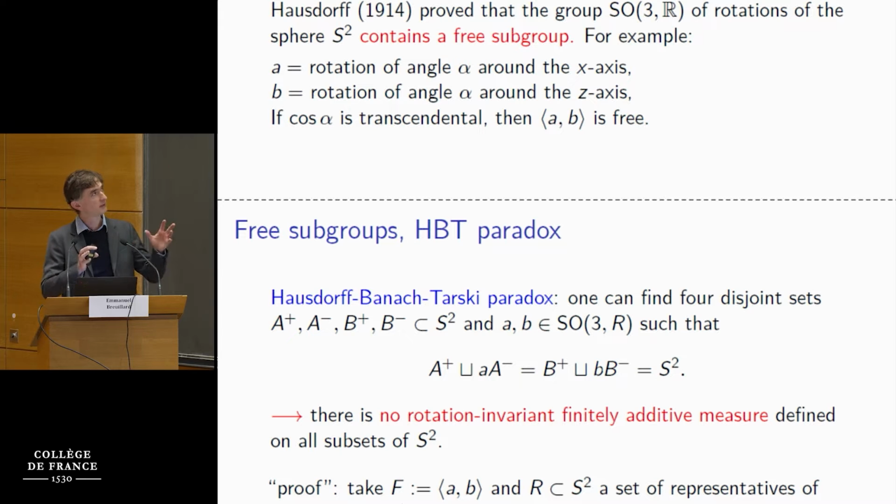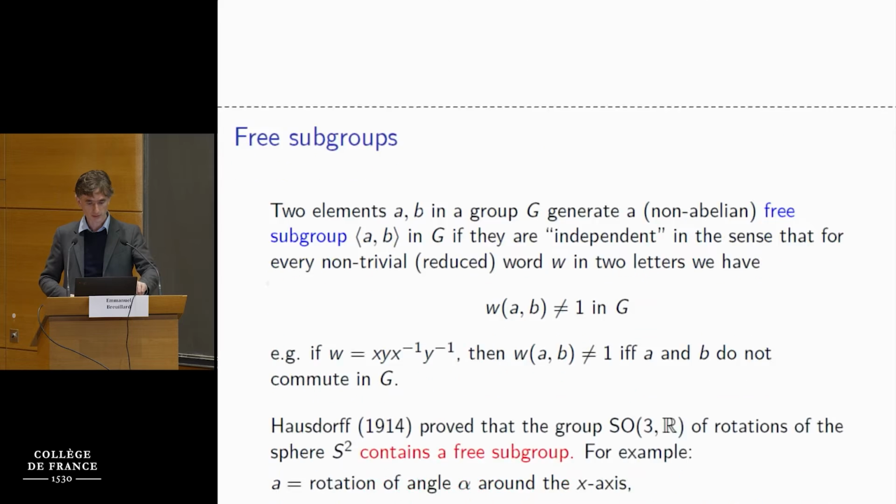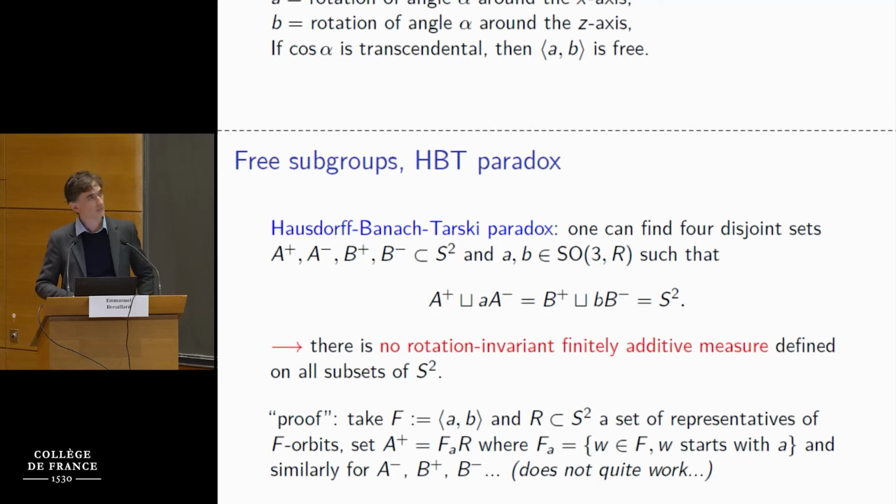They are disjoint parts of the sphere. And your two elements in the free group, A and B, have the property that A plus union A times A minus already covers the whole sphere. So you can just select two of those four, rotate one of them, and you've covered the sphere.